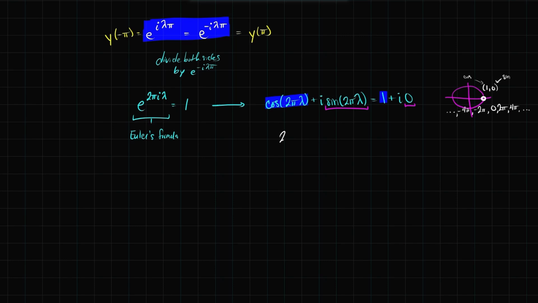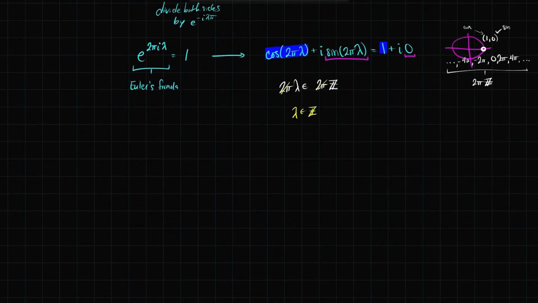Okay, but that means that 2 pi lambda needs to be in 2 pi Z, the integers. The 2 pi's cancel, and we find out lambda is in Z. Lambda's in the integers. So, what do we discover?